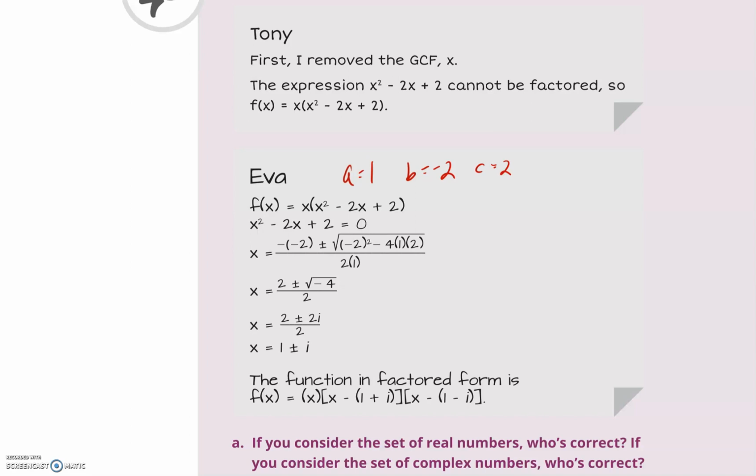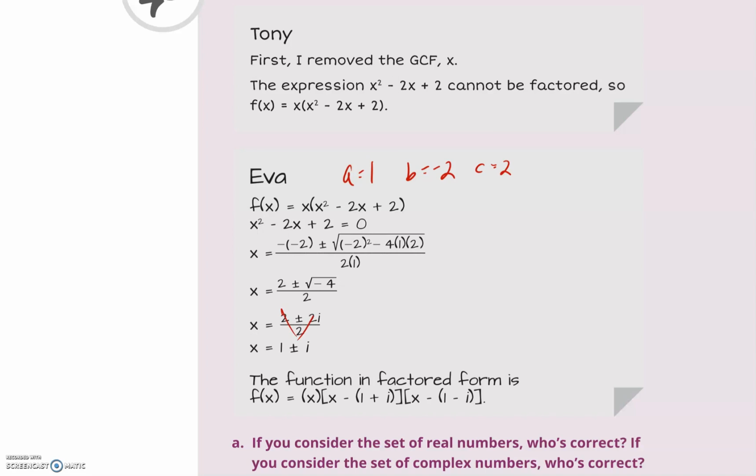And I know we kind of glazed over the square root of a negative number last semester, but remember the square root of a negative number would be that i, that imaginary number, and we can follow her steps of simplification. The 2 goes into that both times, leaving us with 1 plus or minus i, which is correct.